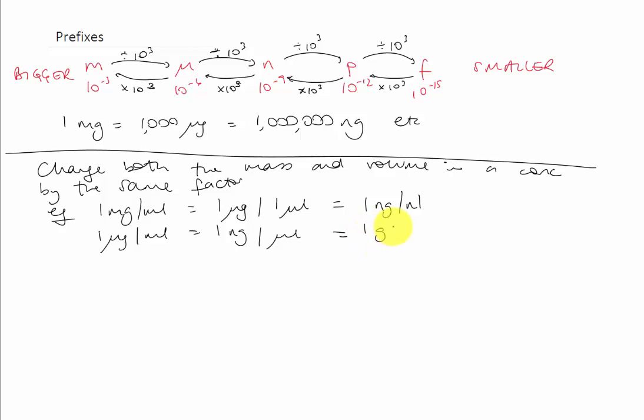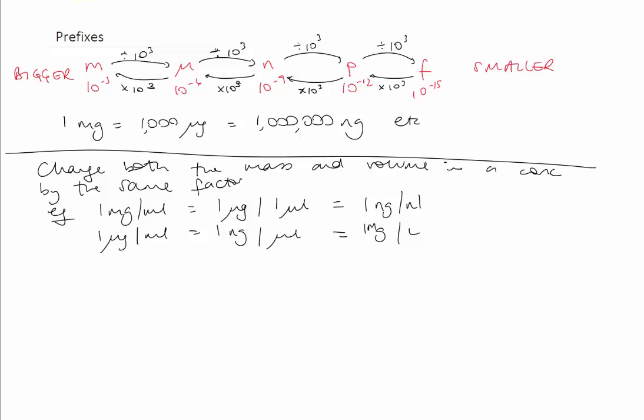So that goes from millilitre to just litre, and then microgram, go 10 to the 3 in that direction to go to milligram, etc. So you can use this kind of schema to move between the different prefixes if you want to look at different volumes in a concentration.